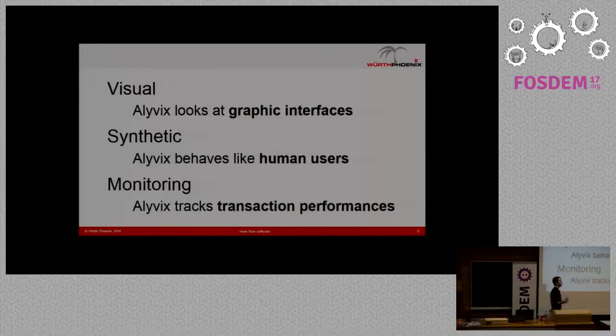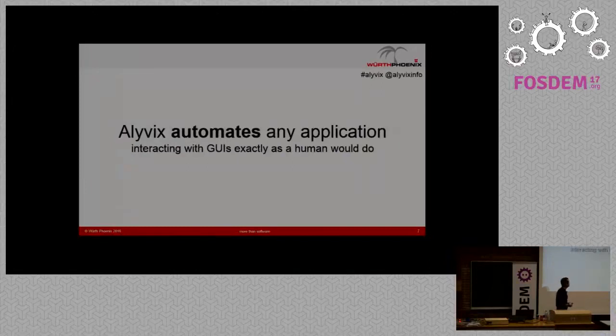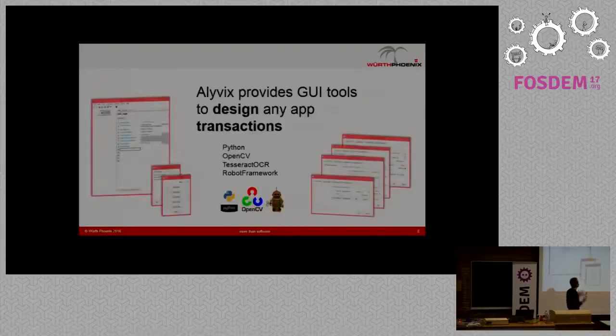And it's monitoring because Alyvix is able to track transaction performances. So first of all, Alyvix can automate any application. Why? It provides you graphical user interface tools in order to design those transactions.